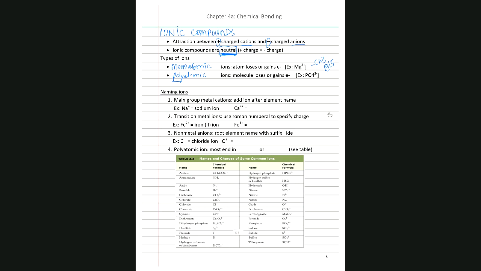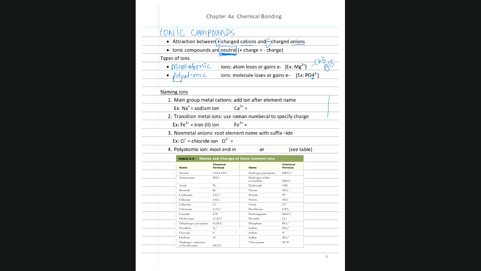So a polyatomic ion has multiple atoms in it, more than 1 atom. So I didn't make this 4 a subscript, and I should have. This is PO4. That 4 should be a subscript, meaning it's a phosphorus and 4 oxygens, and it's a covalent molecule that has gained electrons and become an ion.